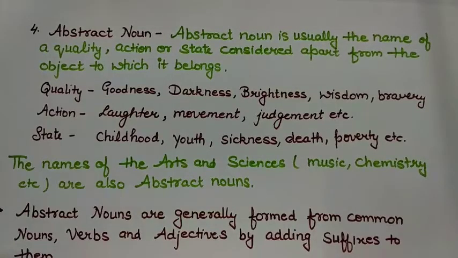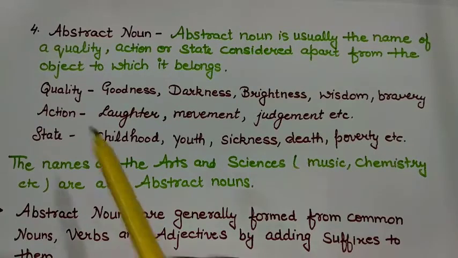After collective noun, the fourth one is the abstract noun. Abstract noun is usually the name of a quality, action, or state considered apart from the object to which it belongs.